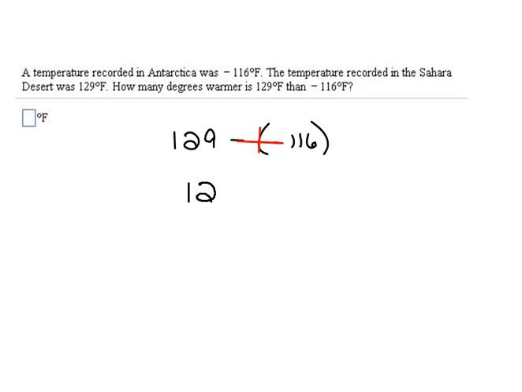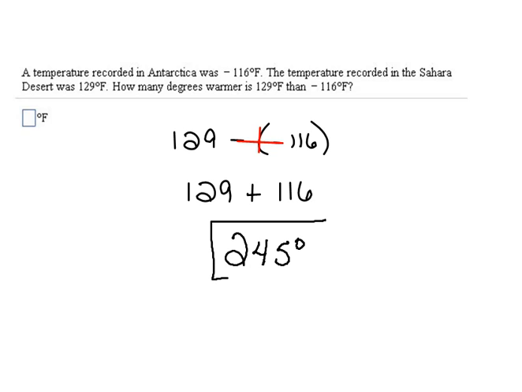So what we're really saying is 129 plus 116. And whenever we add those two things together, we should get 245 degrees.